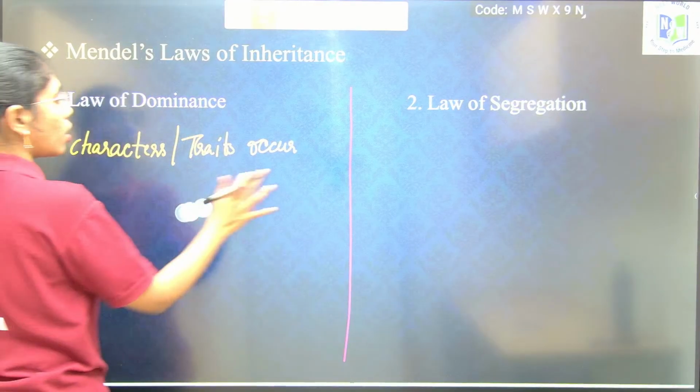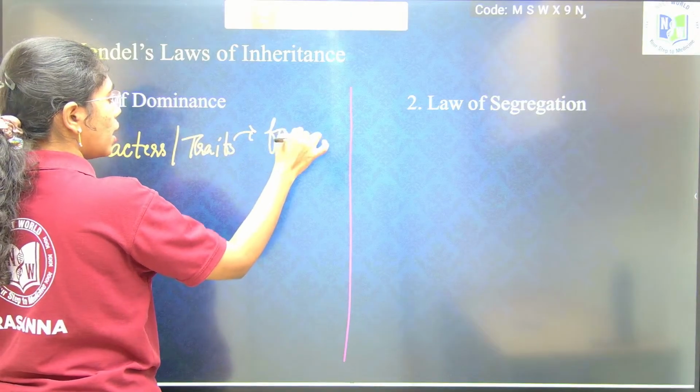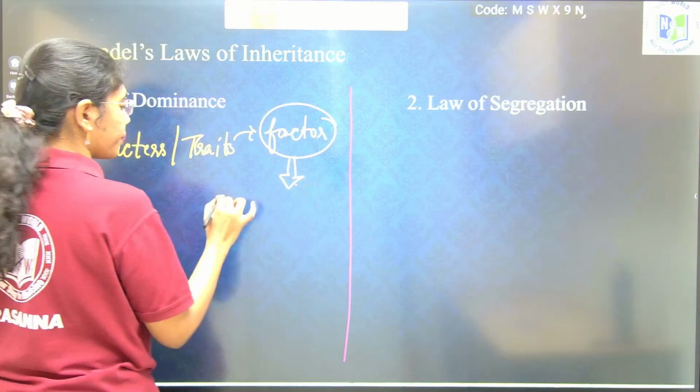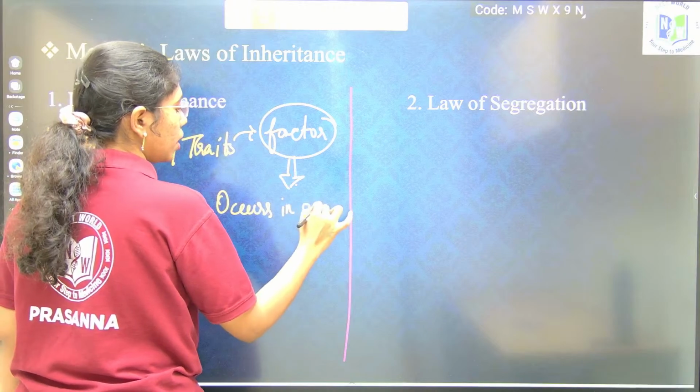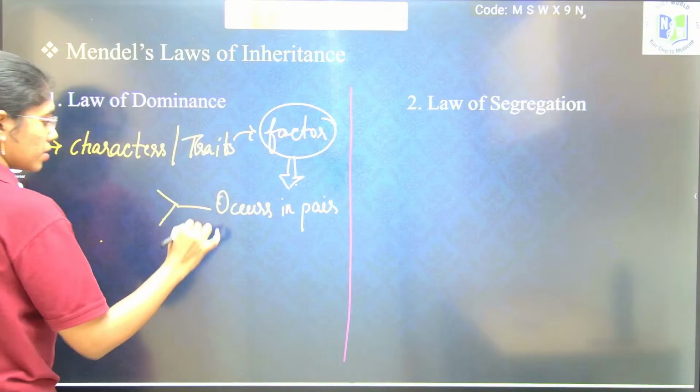Characters or traits are coded by factors and each factor occurs in pairs. In each pair, you can see two contrasting traits.